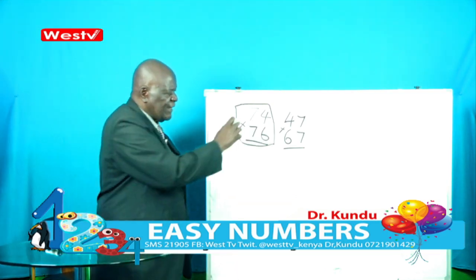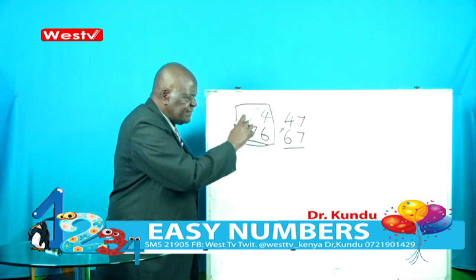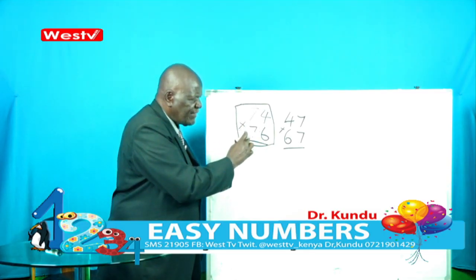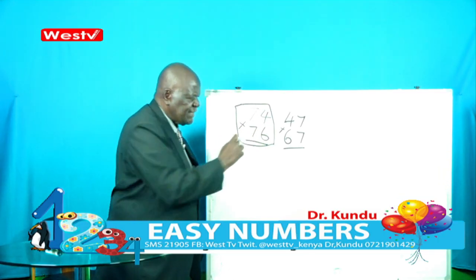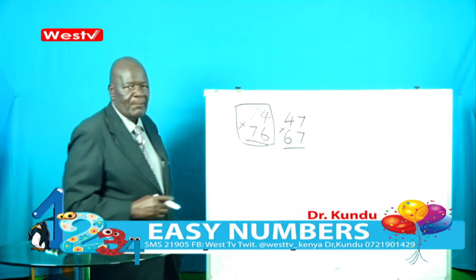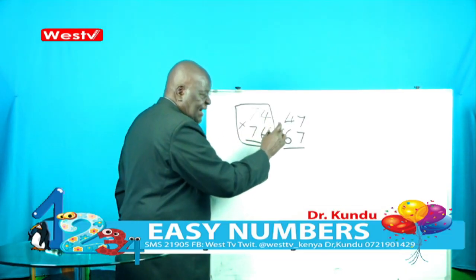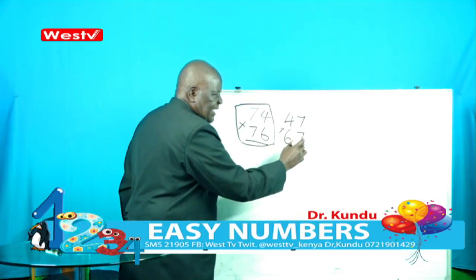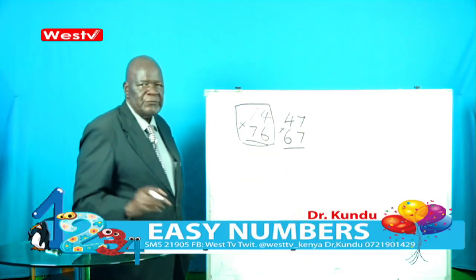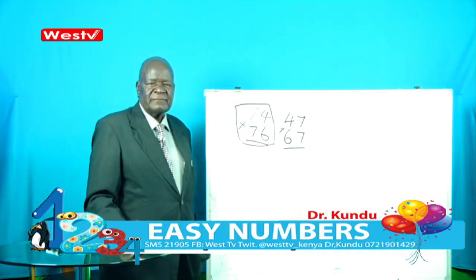You see, this one, the left is same, the right adds to 10. But this one, the left adds to 10, the right is same. Two different problems at all.